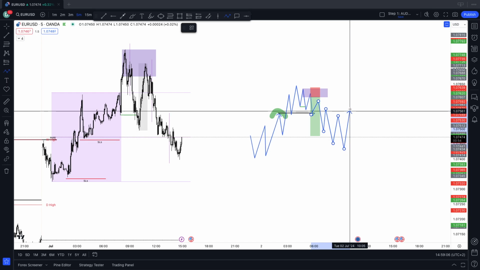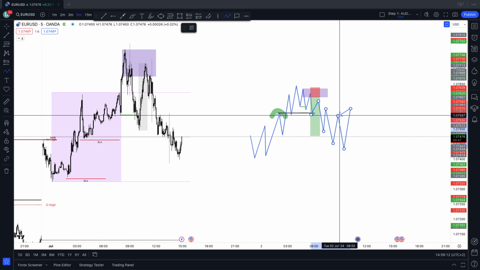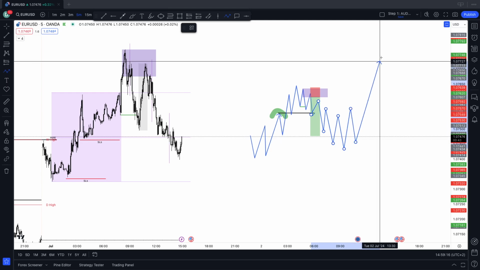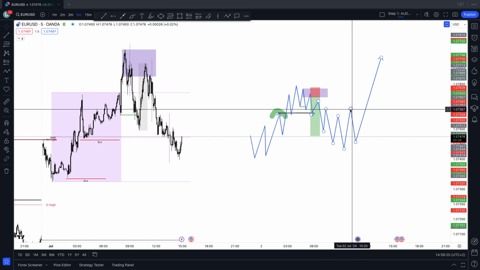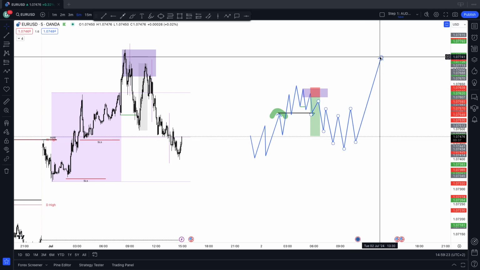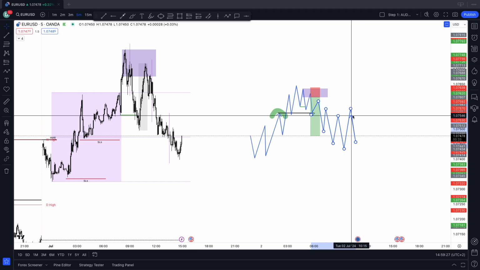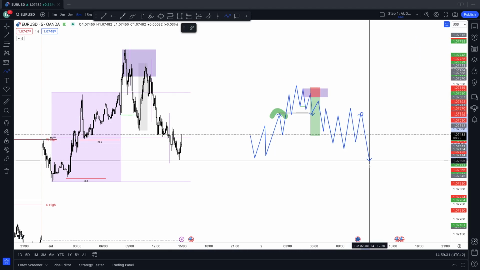I would love to see some sort of a fake bullish break of structure, because a lot of traders look at this and they say, oh, that's a change of character. Now we're going to buy and go long, long, long, which is completely false. What I would love to see is for that to occur, so then I can enter here to continue taking the market short.